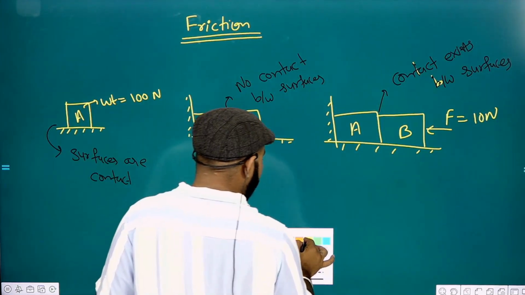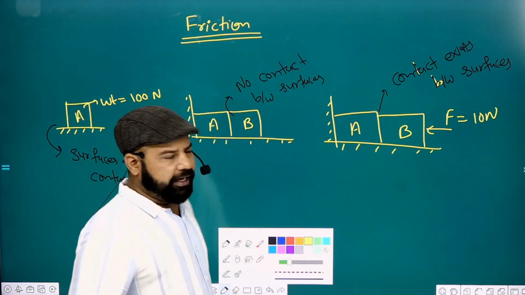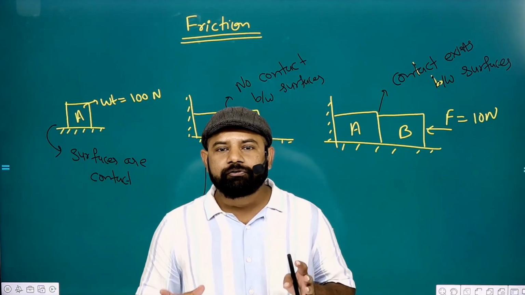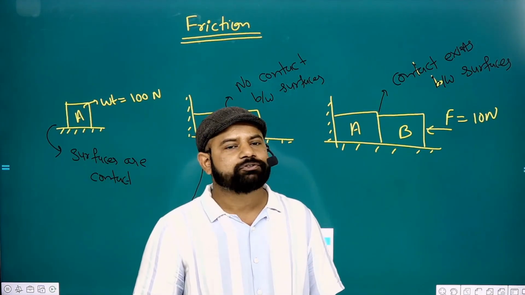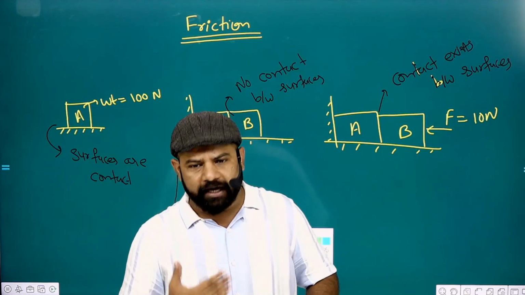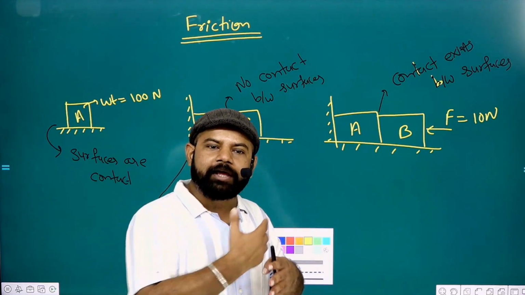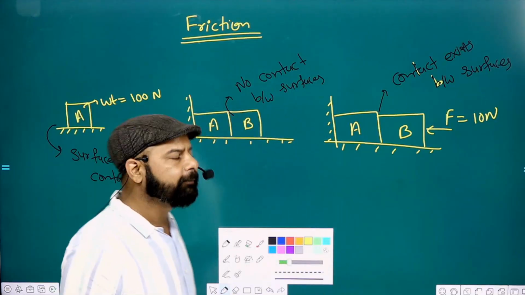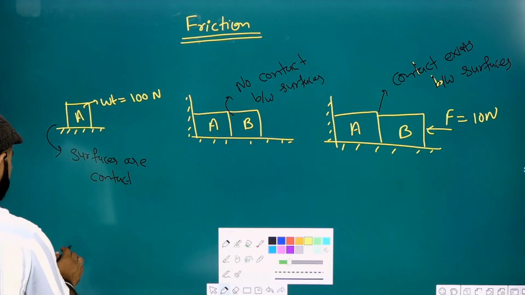So the point I want to make clear here is that we will consider two surfaces in contact only if there is a force getting transferred through those surfaces. That is, one surface is applying force to the other surface, only in that case will we consider contact between those two surfaces, right?